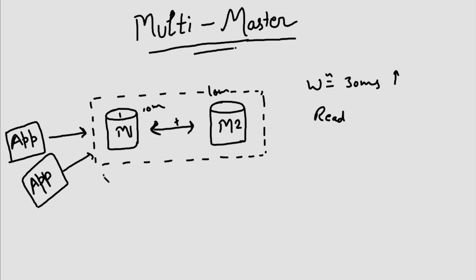If simultaneous write requests are coming from a number of instances, and one application instance is sending a request to M1 and another is sending a request to M2 at the same time, then there can be a conflict between the two, because both are trying to write to the same data, and it can result in a conflict when syncing the data among each other.